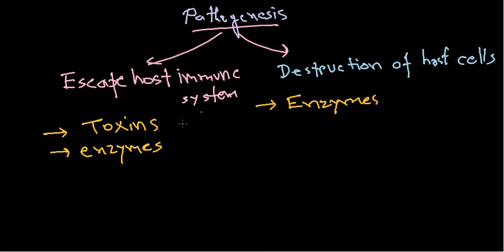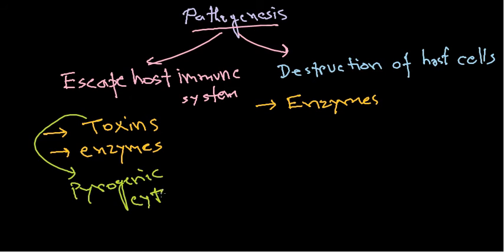Now in this case, the toxin that is used is cytotoxin or pyrogenic toxin. So let me write it, it is called the pyrogenic cytotoxin. Now this pyrogenic cytotoxin is also acting as a superantigen, right?